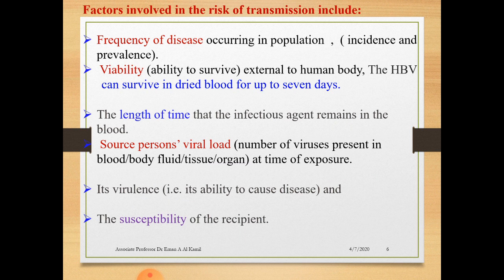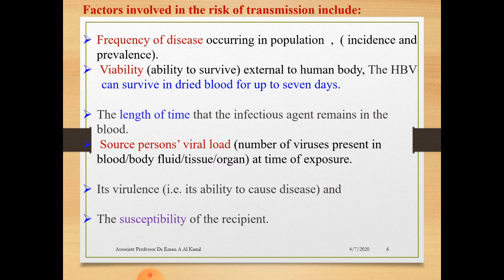Another factor is the length of time that the infectious agent remains in the blood, and the source person's viral load, the number of virus particles present in the blood, which may cause infection to others.